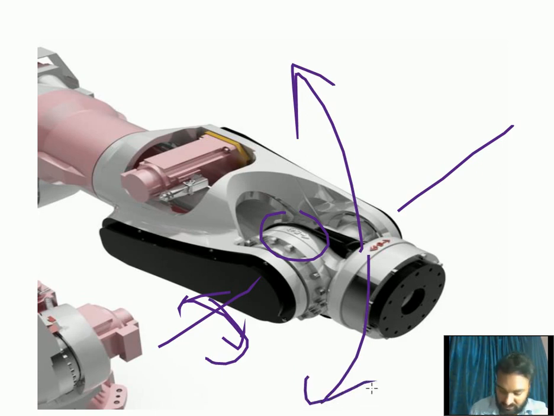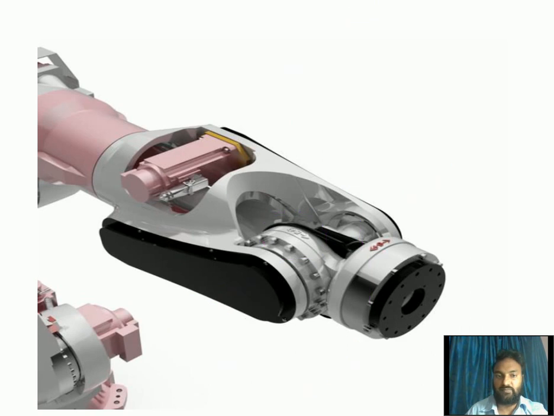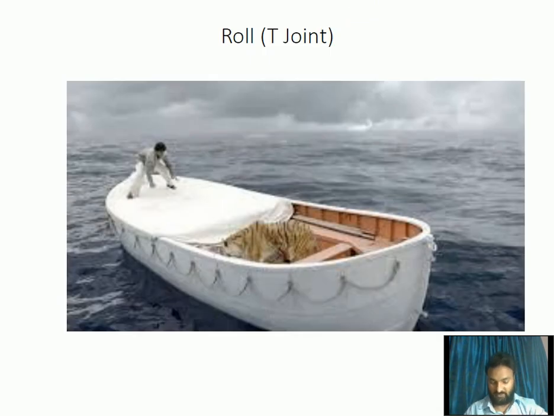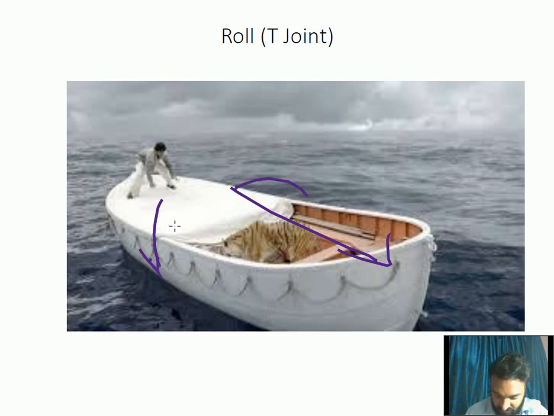So this is the concept of pitch. Now roll. See this, if this one is front, the dagger is this way, so the boat will go down. If one side goes down, then again this side goes down. So this is the concept of roll.